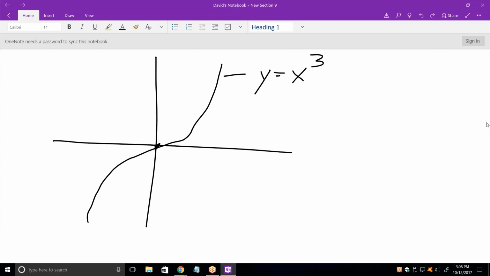Notice that if I reflect that over the x-axis, I get that. And then if I reflect that over the y-axis, I get the same thing. So this cubic function is a reflection over the origin.